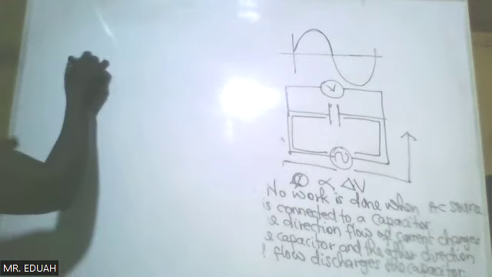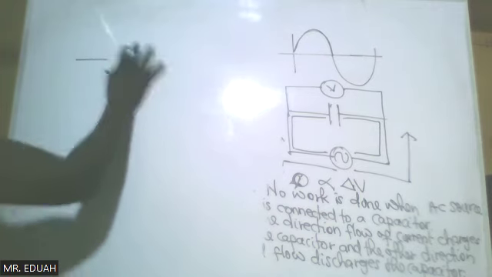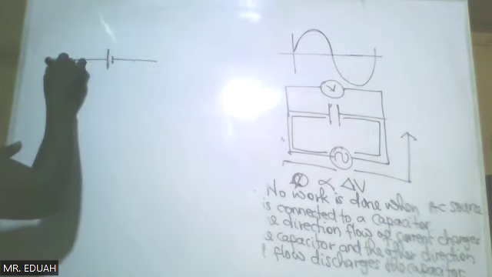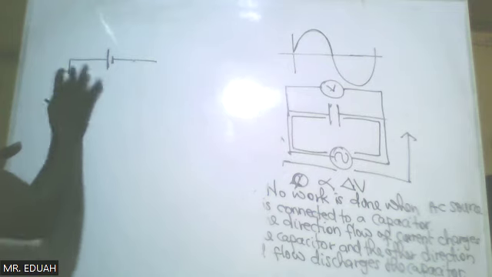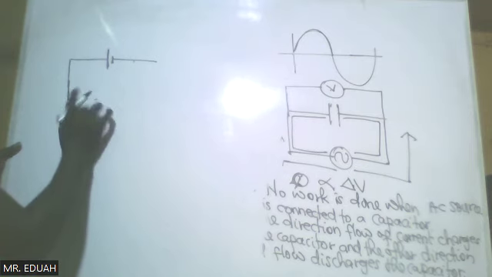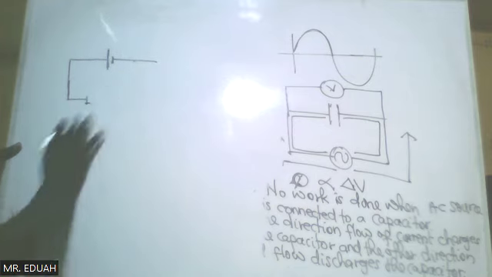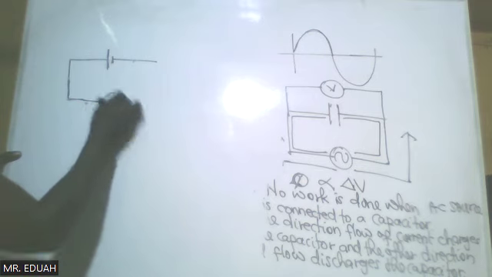So if you have a circuit connected, this is a DC. Maybe there is a resistor within the circuit. Even if there's no resistor, the wires offer some resistance. So there's a bulb.